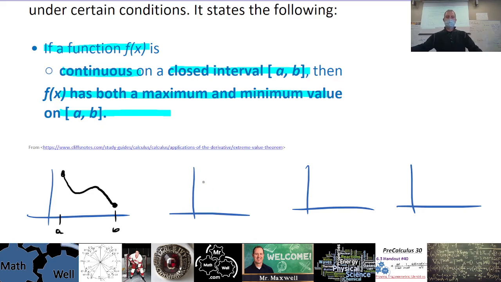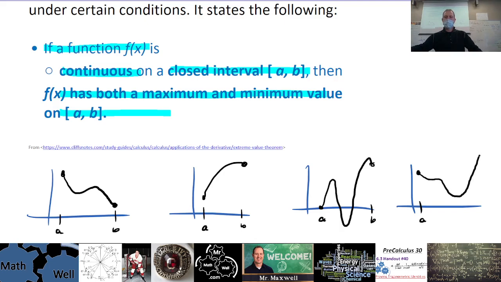So however I draw this, here's A, here's B, and here's A, here's B, it has to be a function. Those are just four random ones, and you can draw similar ones if you want. But I'm going to just show you here.